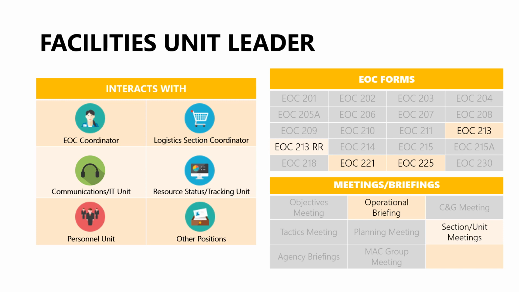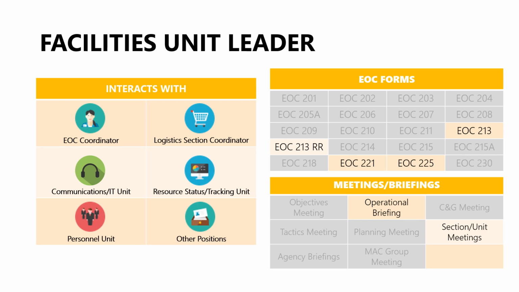They're assisting the EOC coordinator and the comms information IT system unit personnel with any facility-related issues, ensuring the EOC facility is maintained in a clean and sanitary condition, and the infrastructure such as power, water, HVAC system, restrooms, etc., operate satisfactorily.